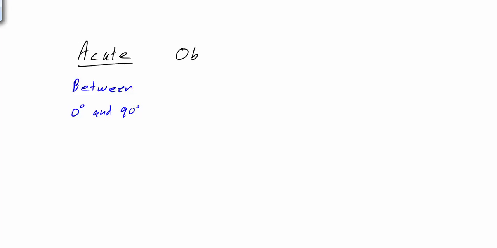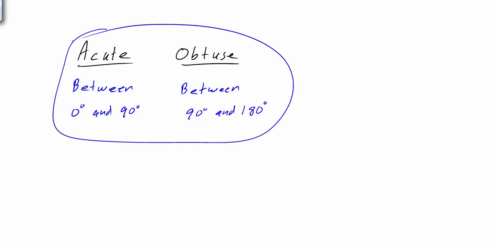And if we have an obtuse angle, that means the angle is going to be somewhere between 90 degrees and 180 degrees. Okay, so make sure you're familiar with the terms acute angle and obtuse angle.